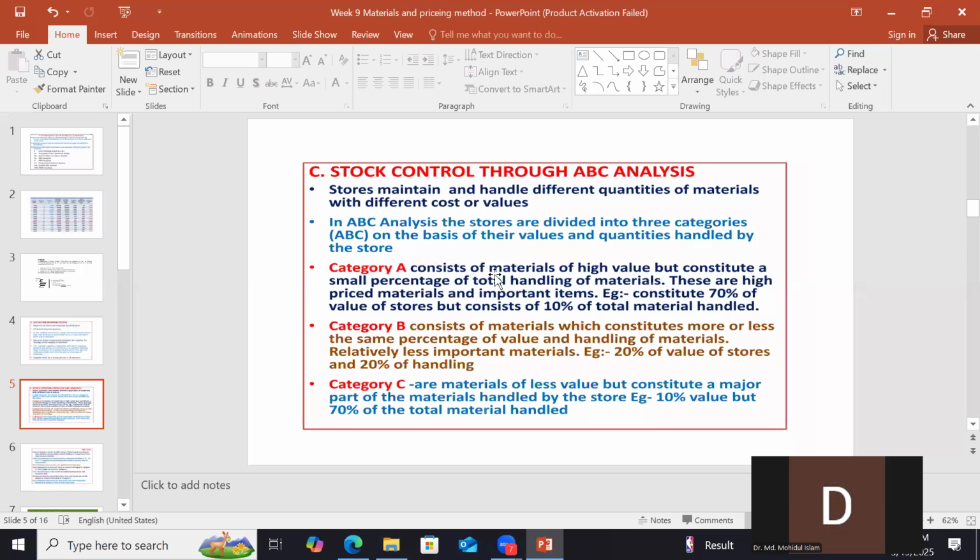Category A consists of materials of high value but constituting a small percentage of the total handling of materials. Those products are highly valuable, so we deliver them very slowly and very carefully because they are of high value.